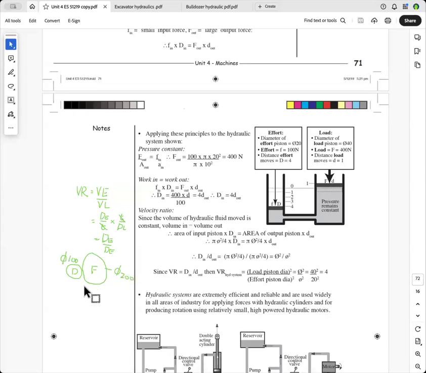You know from your bike that this one will go much faster than that. And the velocity ratio is how fast this is going compared to that. So the distance that the effort moves, because you know this is going to go faster than that, if you just put that over that, you'll get a half, and that's less than 1. But you know that this has to go much faster than that.